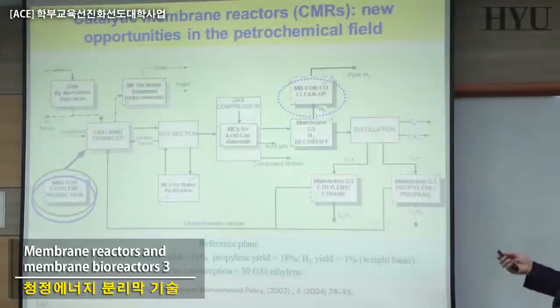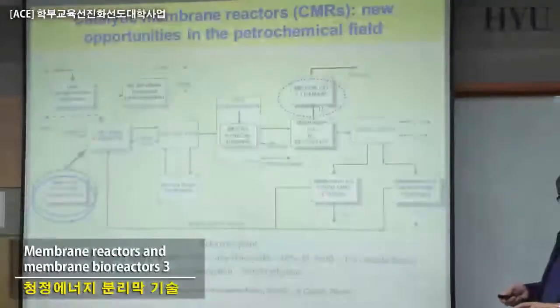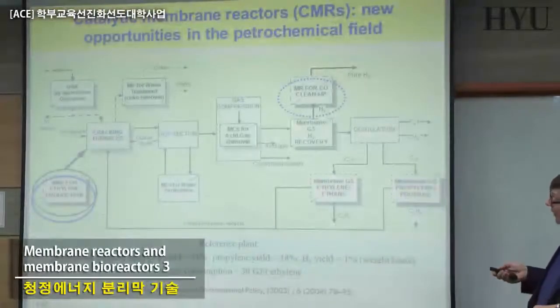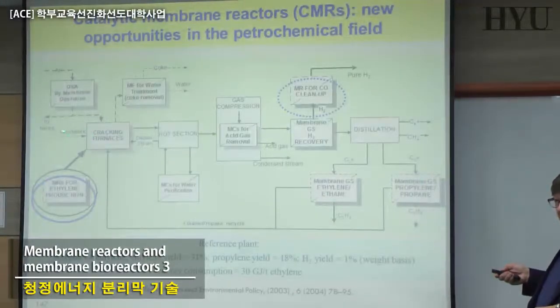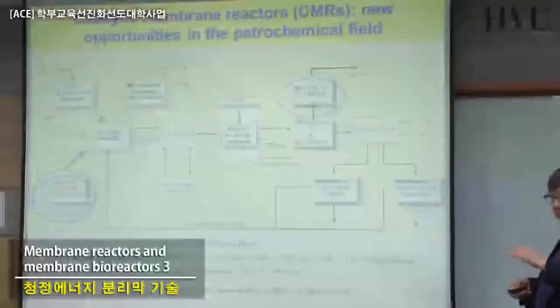There are a lot of plants around the world, and as water is an important product, ethylene is another important product because it's at the origin of this whole family of polymers, etc. So it's quite significant. Normally, ethylene is produced by cracking of naphtha or some heavy oils, and you start your process. And later on, there is a lot.